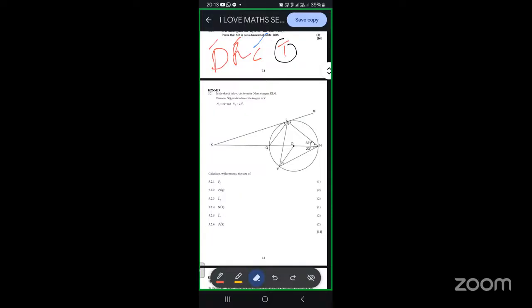5.2.1 is requiring us to calculate, with reasons, the size of angle P2. Is there anyone of you who can share some idea of how we can approach this rider? 23. So Ethan is saying angle P2 here is 23.